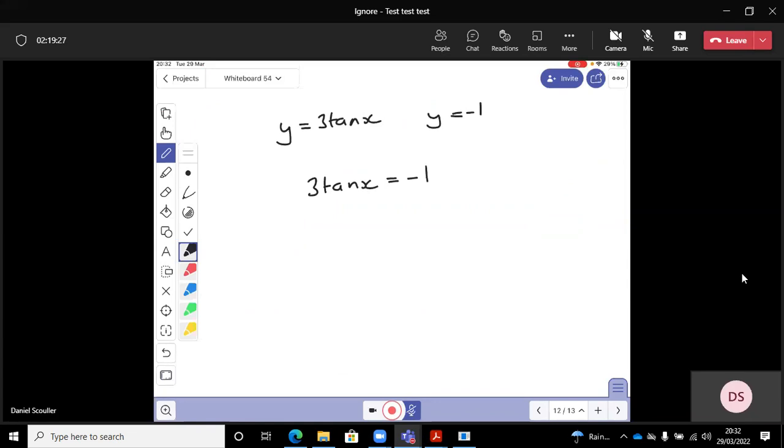Now we're rearranging to find x. So tan x is equal to -1/3. All we've done is move this over here. 3 tan x, 3 times tan x, it's a multiple on the left hand side, it moves over. Now, at this stage, we want to understand what quadrant we're working in.